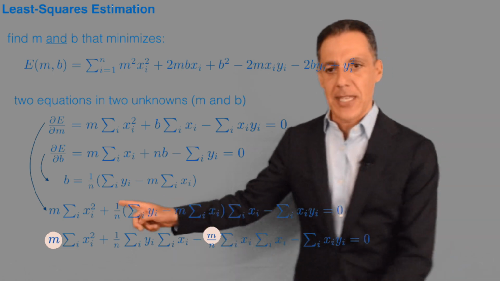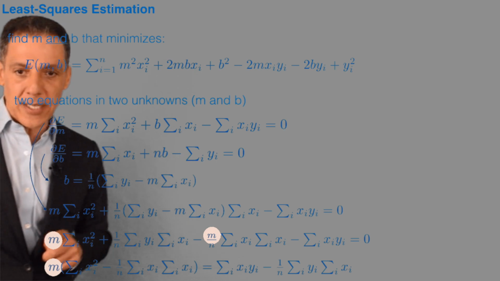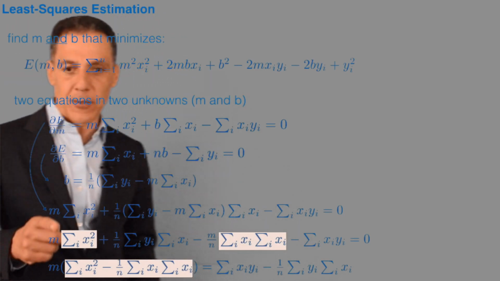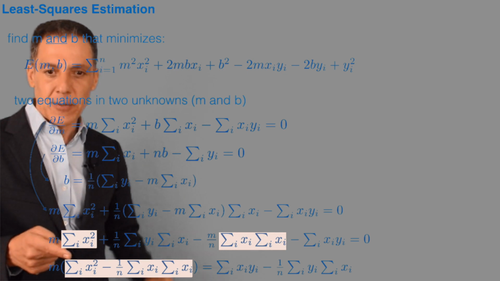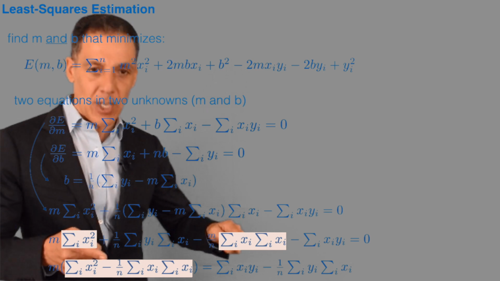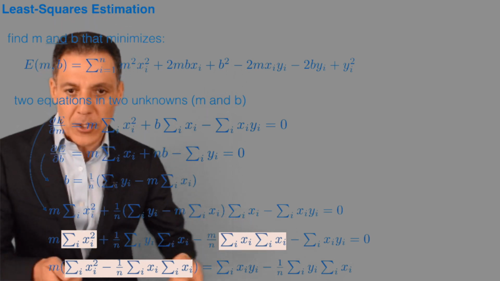So there's the m and the m that I now want to pull together. Okay, so what is this going to be? I have an m times the sum of all the xi squared terms here. Minus, I have 1 over n times the sum over all xi times the sum of all of xi. And notice the parentheses.